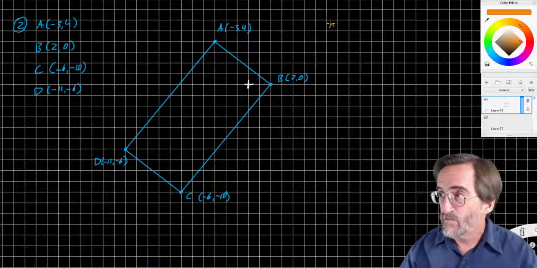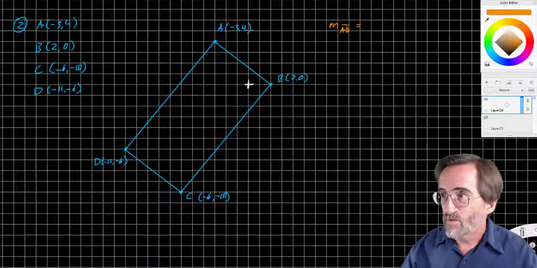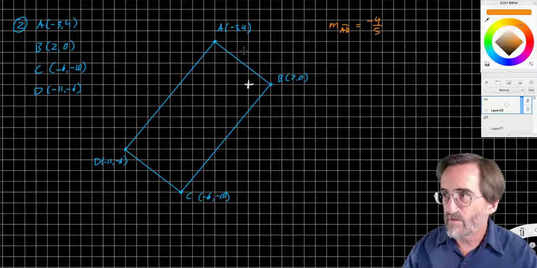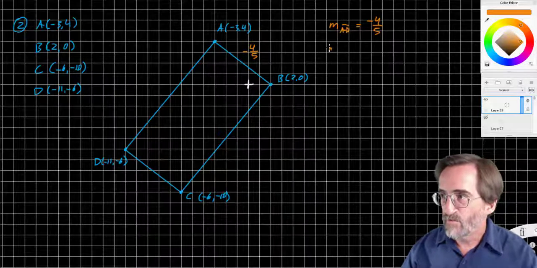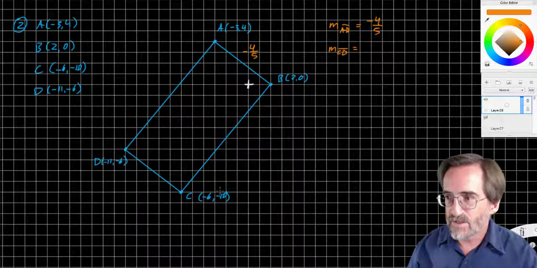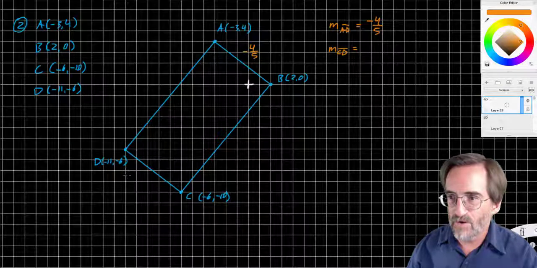So the slope of AB, change in y over change in x, from 4 to 0 is down 4. From -3 to 2 is up 5. So that has a slope of -4/5. The slope of CD on the other side is down 4 over 5.